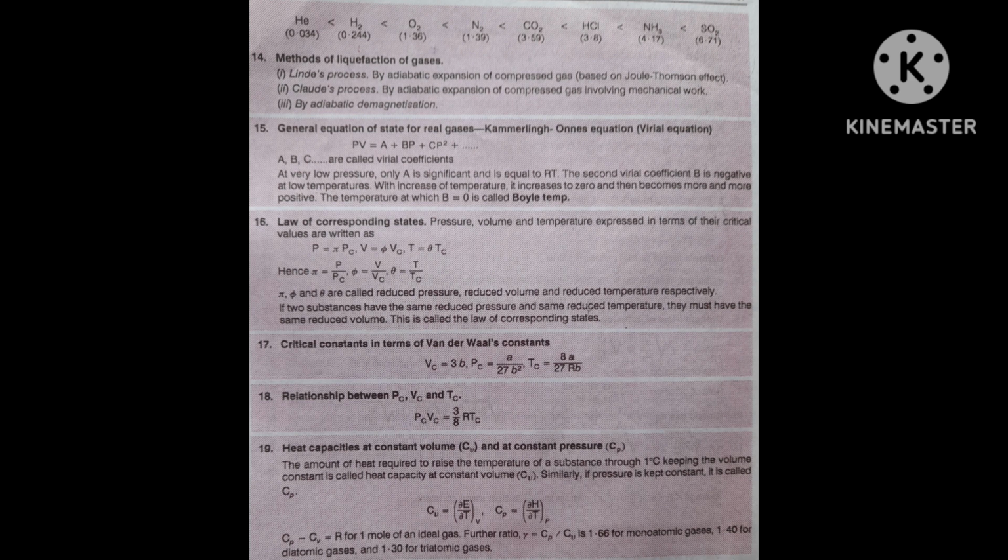Now the next point is the general equation of state of real gases. The general equation of state for real gases is the Kamerlingh Onnes equation, also called the virial equation.